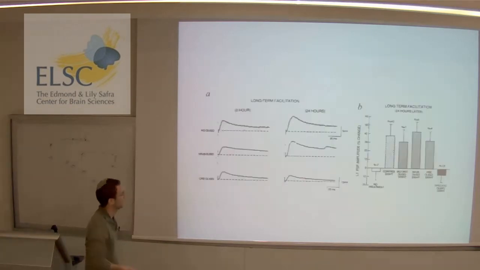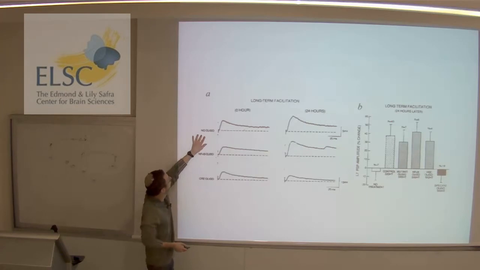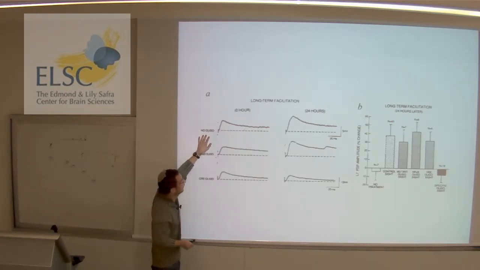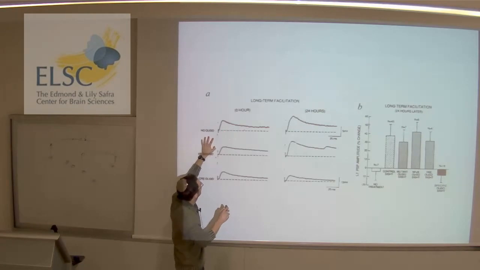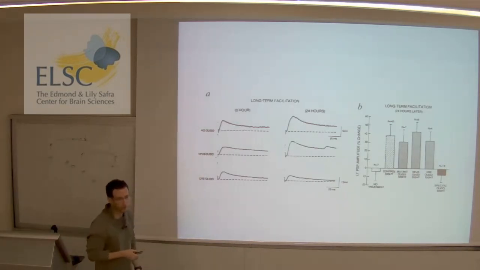So, okay. With no oligonucleotide, meaning just the control, the wild type system, you record right before the exposure to serotonin, and you record 24 hours post the exposure to serotonin. What do we record here? It's excitatory postsynaptic potentials. You can also record field potentials from outside the cell.